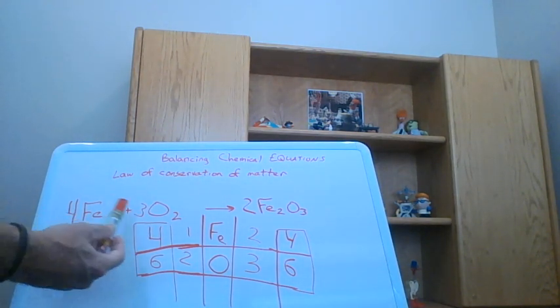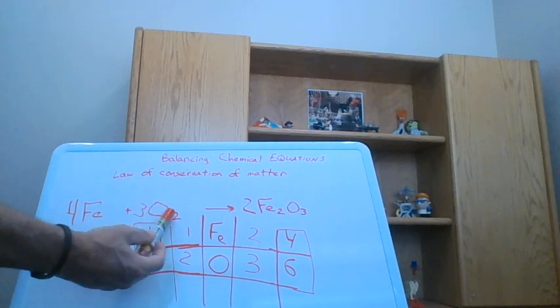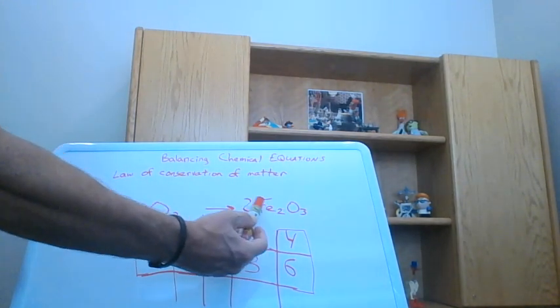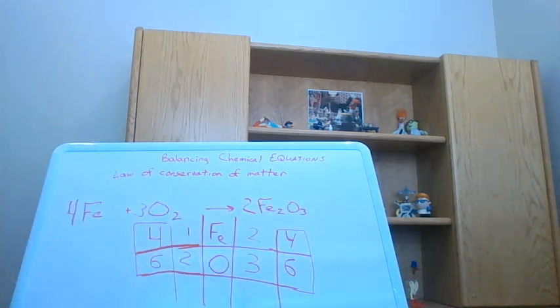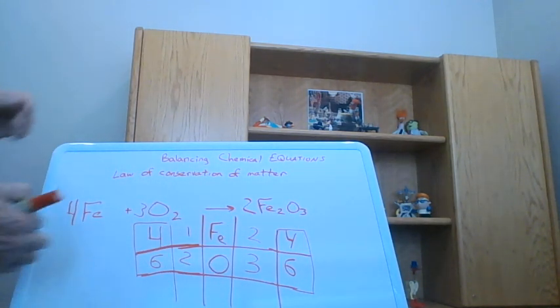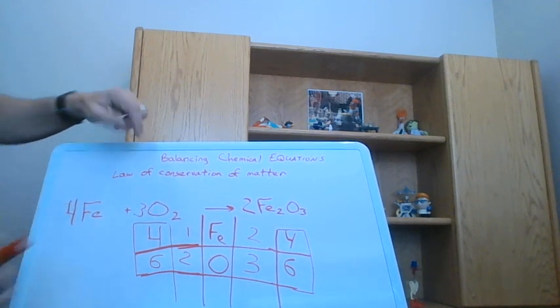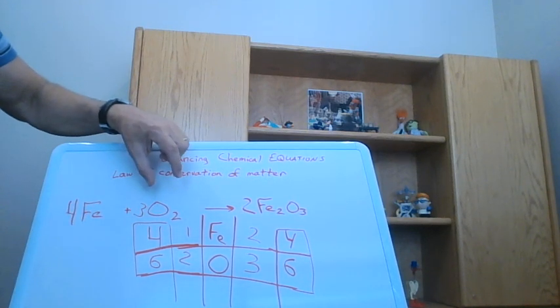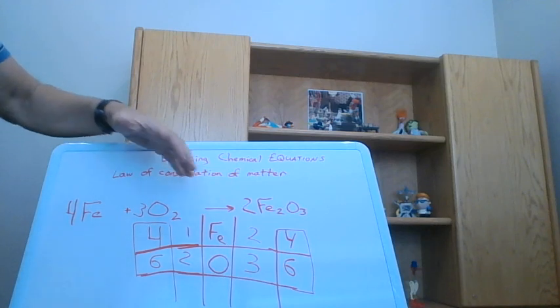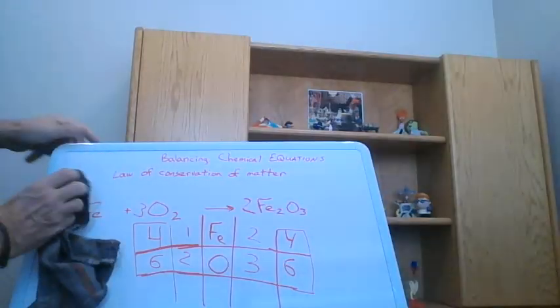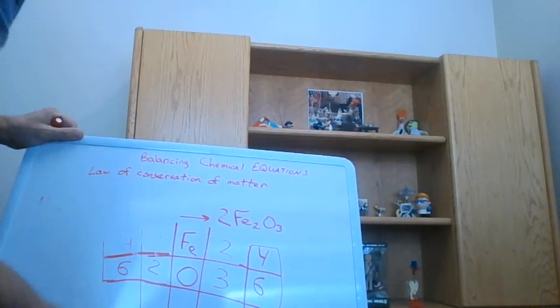Now I have 4 iron atoms, and 3 times 2, 6 oxygen atoms. 2 times 2 for 4 iron, 2 times 3 for 6 oxygen. Remember, this is telling me I have 3 diatomic oxygen molecules. Each of those molecules contains 2 oxygens, so there's 6 total oxygen atoms. So let's look at another equation and try to balance that equation.